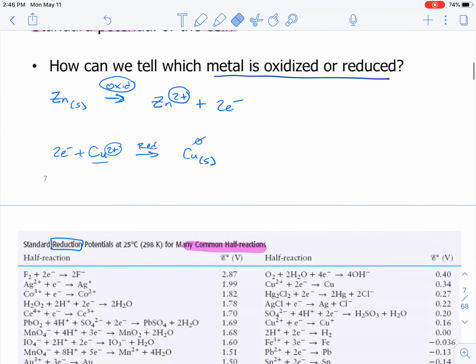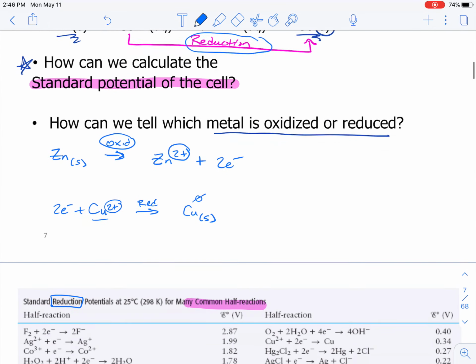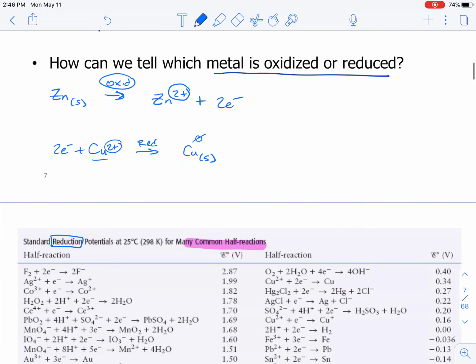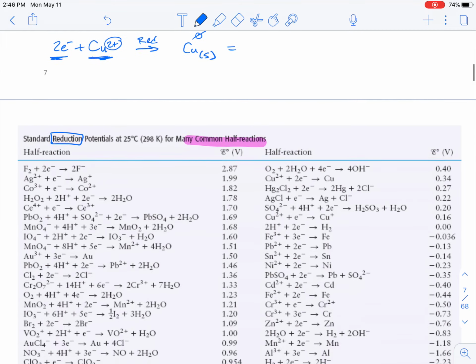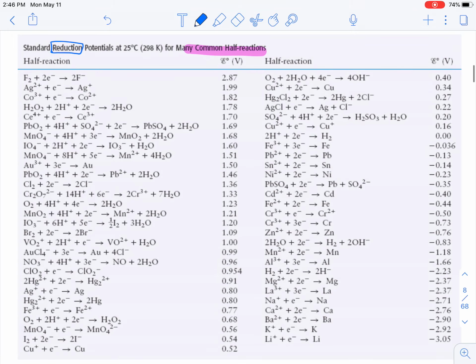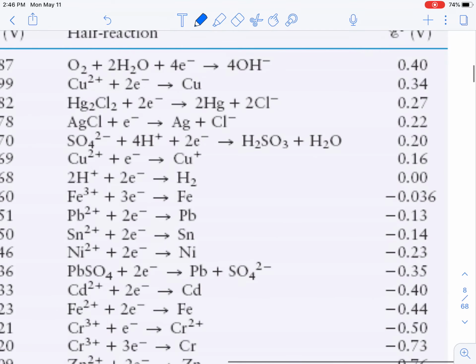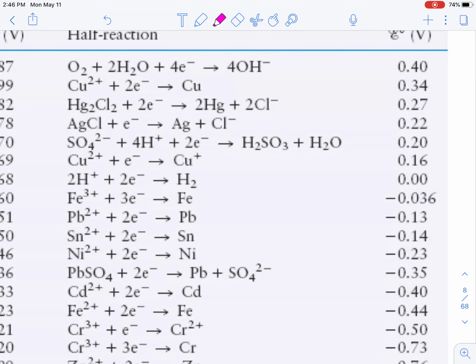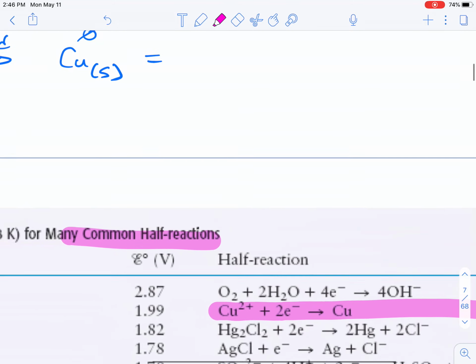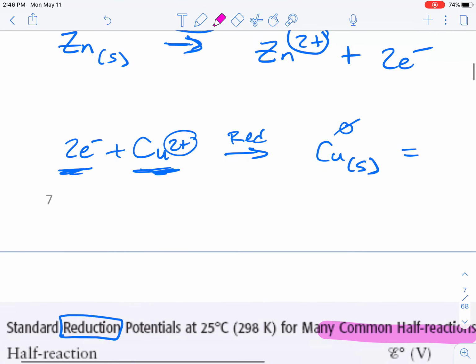And so I am going to find the value for this copper. We have 2 electrons reacting with a copper 2 plus, so I'm going to use this chart and try to locate my copper that's gaining 2 electrons. And here I have my half reaction that's very similar to what I've written.